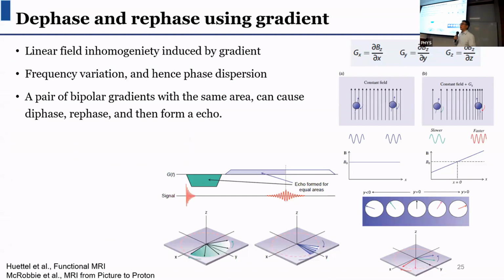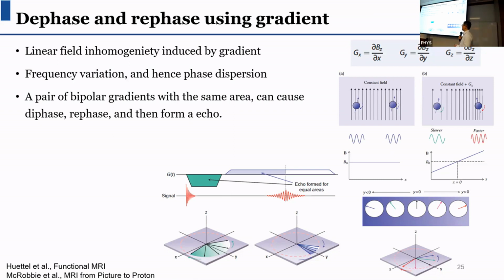But if you change the direction of the gradient, all the spins come back at the same speed, if the amplitude is the same. You can also use a different speed, but the time has to be longer. Eventually, all the spins will come together if these two areas are the same. Then right here we get an echo because all the spins come together. This is the time we say an echo is formed.